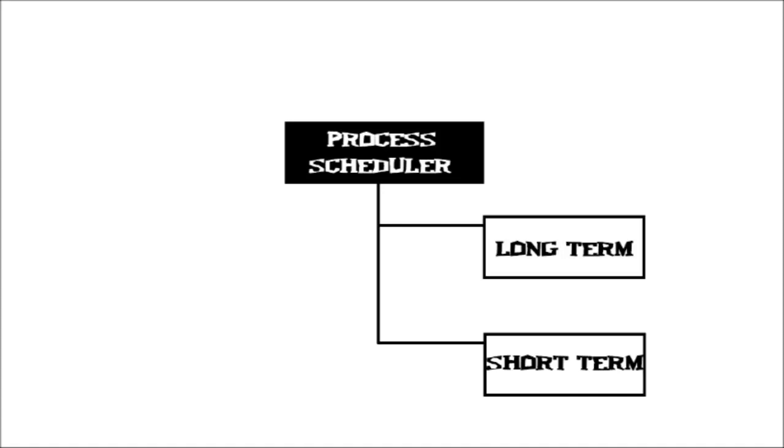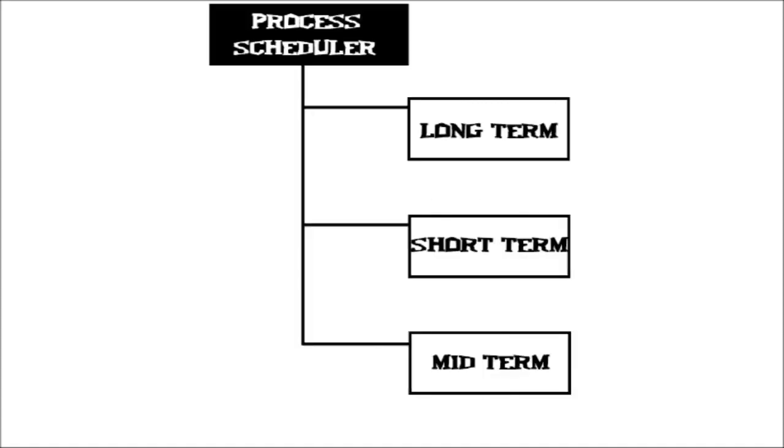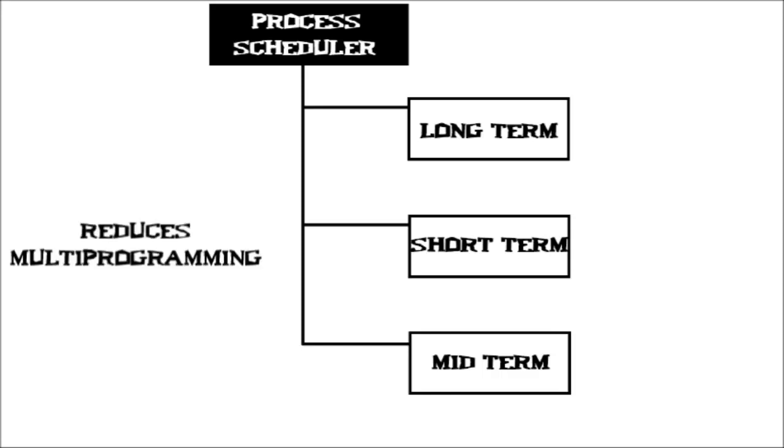The short-term scheduler, or CPU scheduler, selects from amongst the processes that are ready to be executed, and allocates the CPU to one of them. It must be fast due to the frequency of execution. Medium-term process schedulers remove processes from memory, to reduce the degree of multi-programming. The process can be reintroduced in the memory later to continue execution.